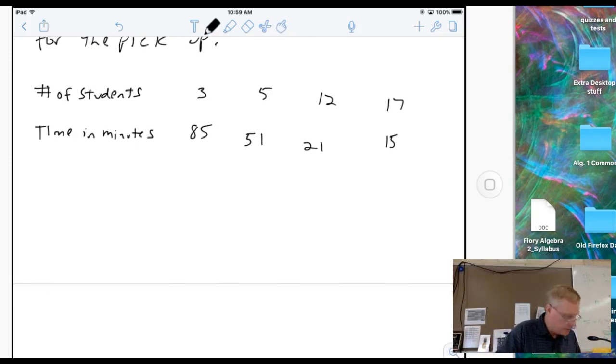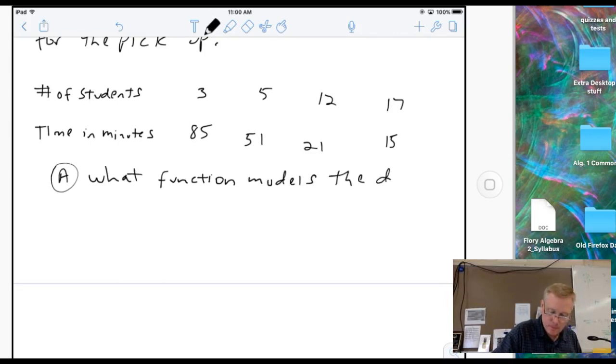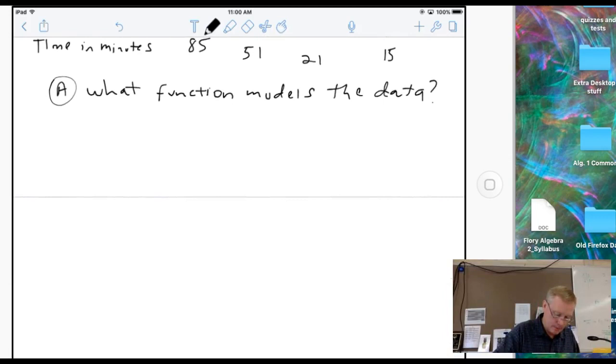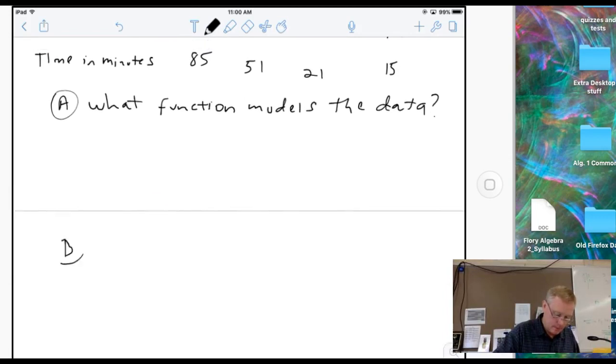And I got a couple parts here. A, what function models the data? And B, how many students should be needed to complete a 30-minute pickup?